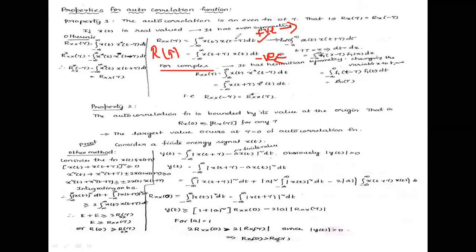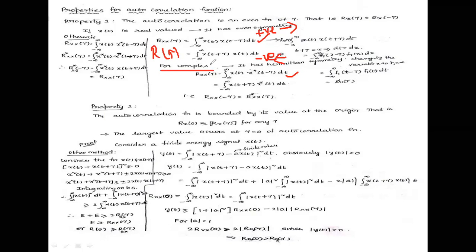For complex values, it is x of t times x star of t minus tau dt, and Rxx of tau is this for the positive direction. One of the signals is the complex conjugate signal.